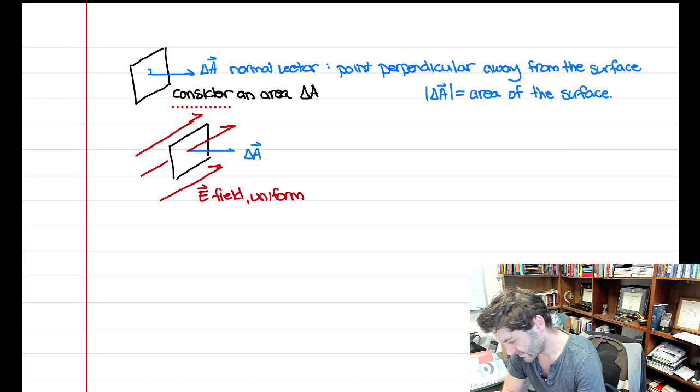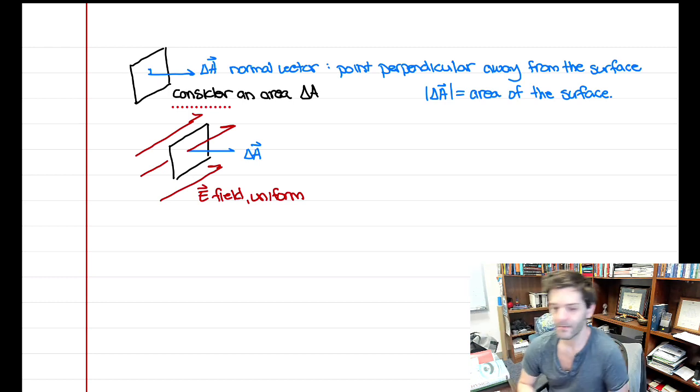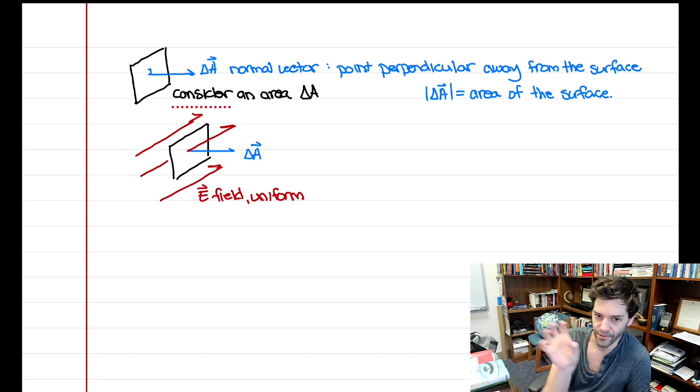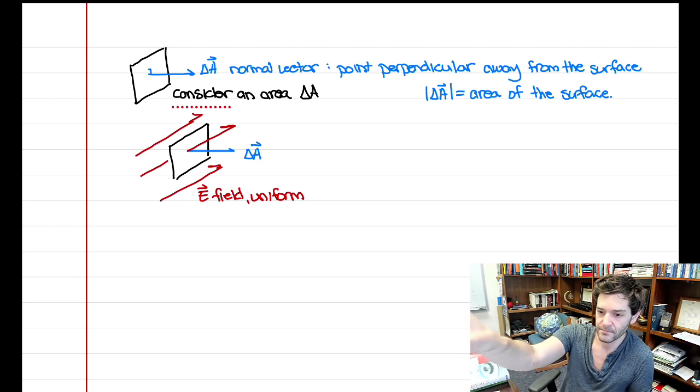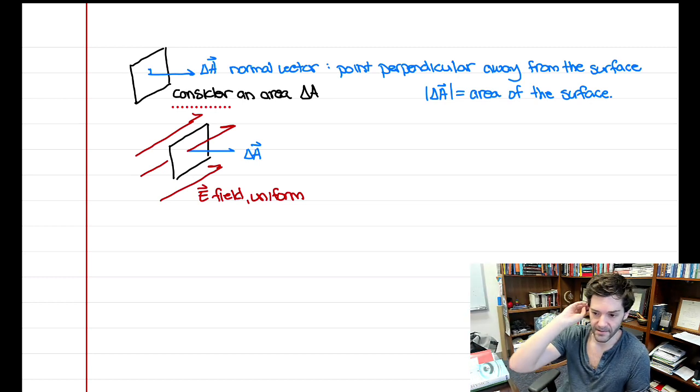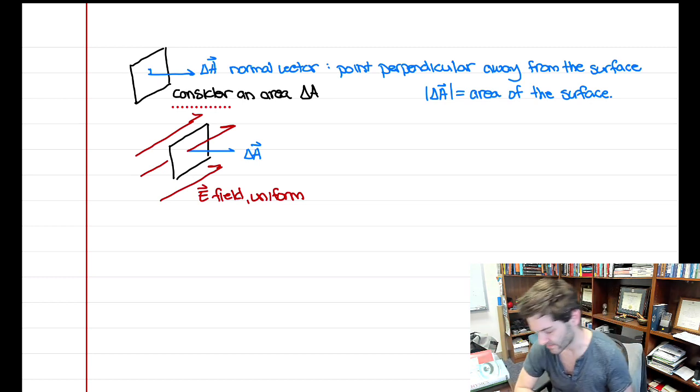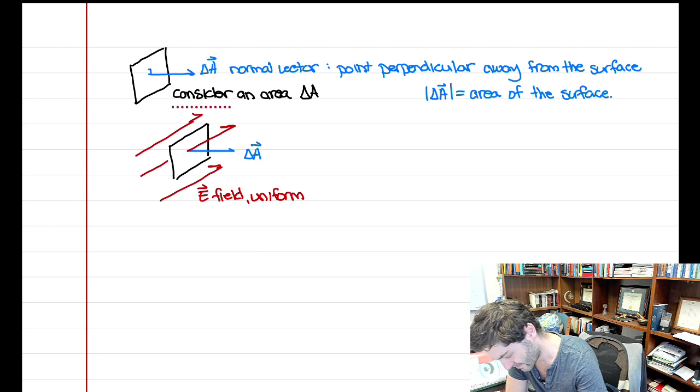In this case, if I want to talk about how much of the electric field is going through that slab, motivating this idea of flux, let's focus on the vector that I drew going through. The electric field has a component that goes through.